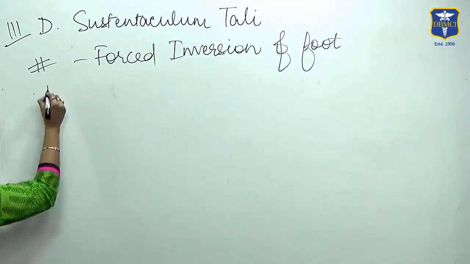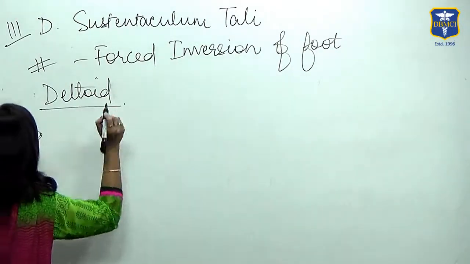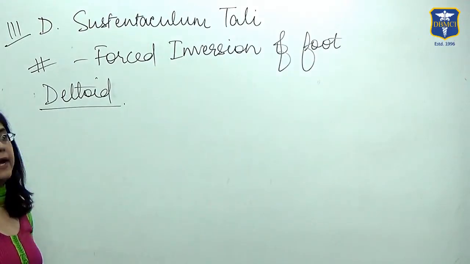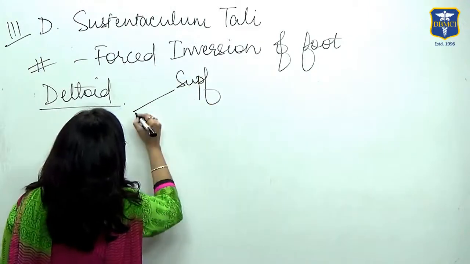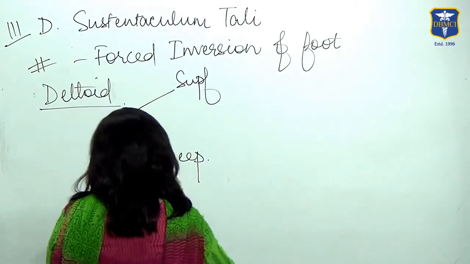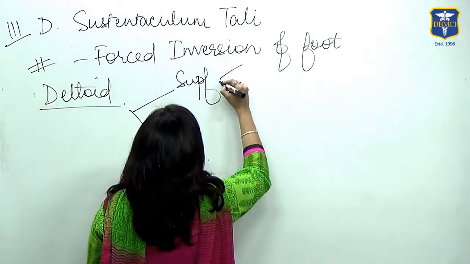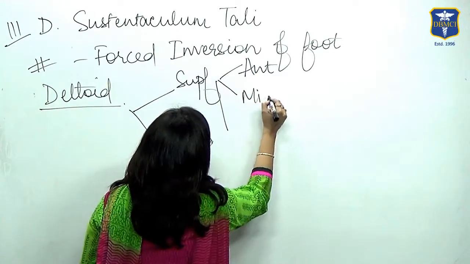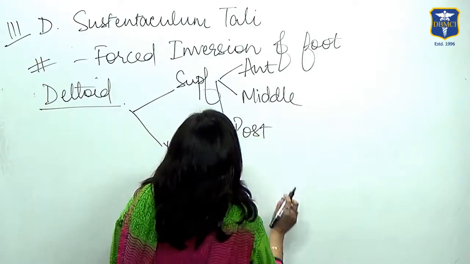Talking about the deltoid ligament now. Deltoid ligament is a very important ligament. It has two parts, superficial and deep. The superficial part has three parts, anterior, middle and posterior.